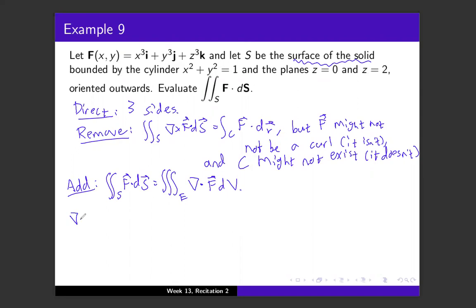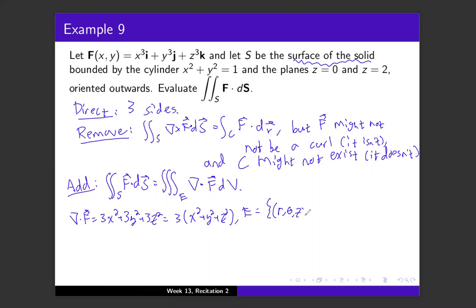Now the divergence of our vector field is quite nice in this case. It works out to be 3x squared plus 3y squared plus 3z squared, or in other words, 3 times x squared plus y squared plus z squared. And for our solid, probably the best thing here is to write this in cylindrical coordinates. After all, it's basically a solid can.